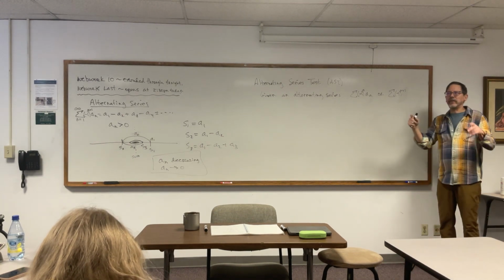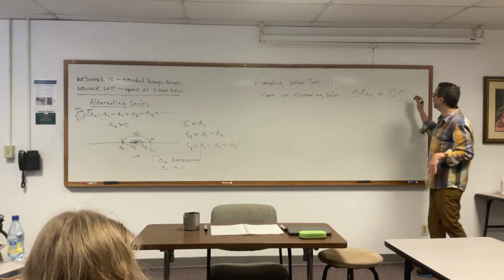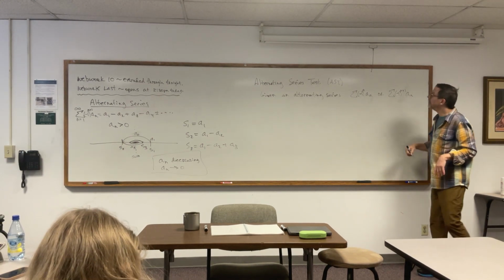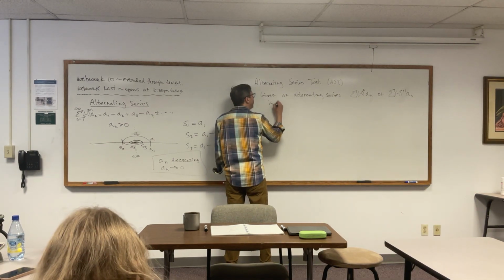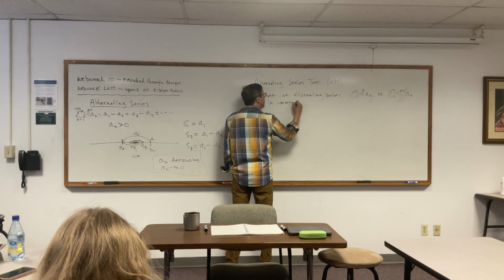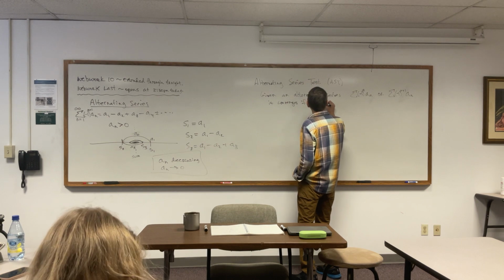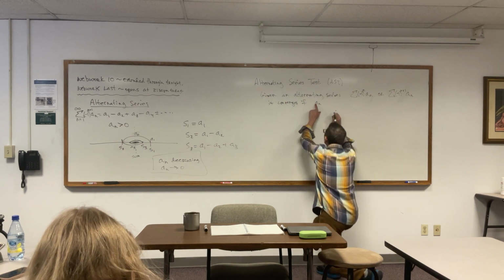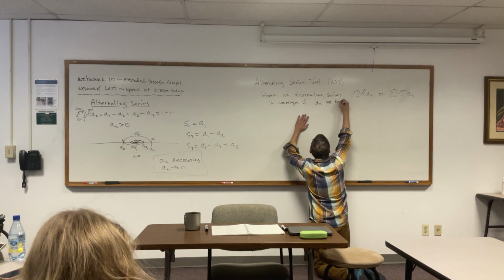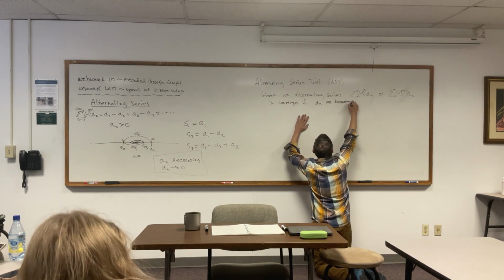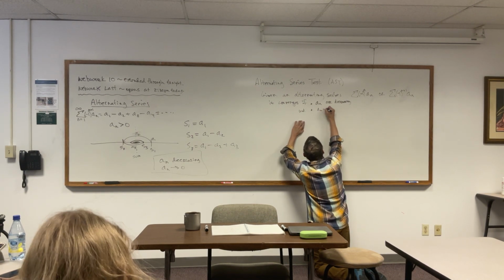When I say parity, I just mean where the pluses and minuses fall. It might start negative, it might start positive, it's all good, doesn't matter. It converges if the A sub n's are decreasing. You think of these A sub n's as a sequence of terms. If the A sub n are decreasing, and the A sub n's are converging to 0.